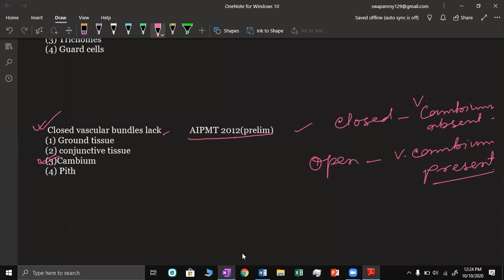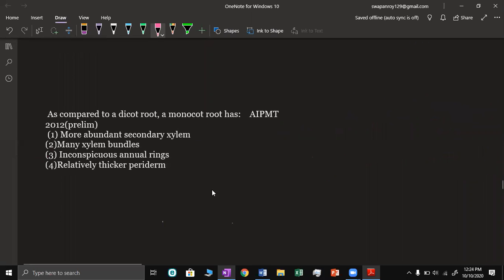Next question. As compared to a dicot root, a monocot root has, this is also AIPMT 2012 prelim. Sometimes we don't know how many questions will be asked from one unit.